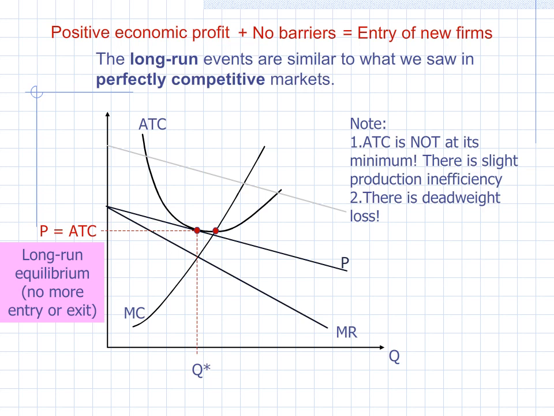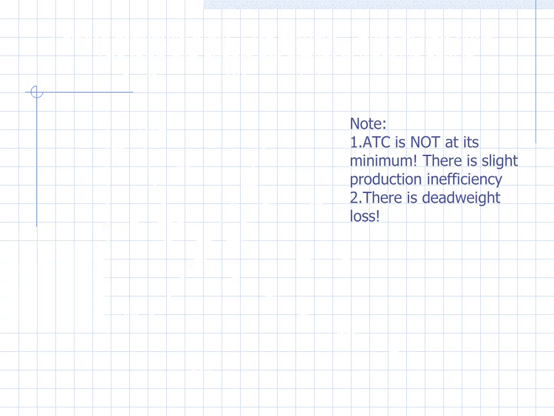In this case, we stop a little bit to the left of that. So this yellow triangle represents the deadweight loss. It's not huge, but it's important to notice that there is a deadweight loss. So monopolistic competition is not as efficient in both production terms and allocation terms as perfect competition.